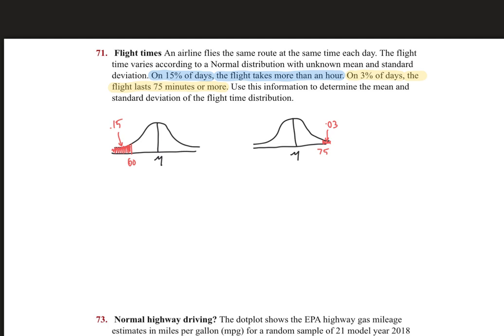So we know the mean is somewhere in between 75 and 60. If I had to guess, I'd say it's closer to 60, so maybe around 65 or 67 or something, 68.